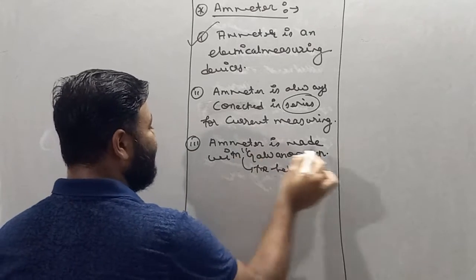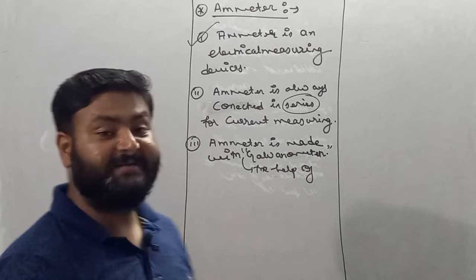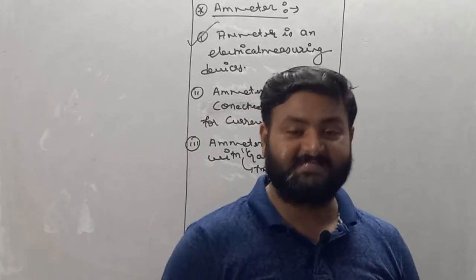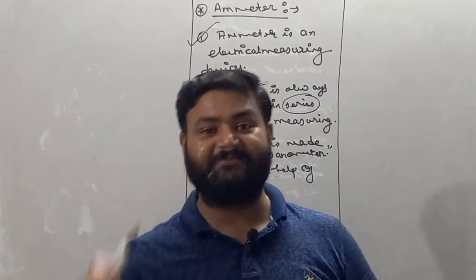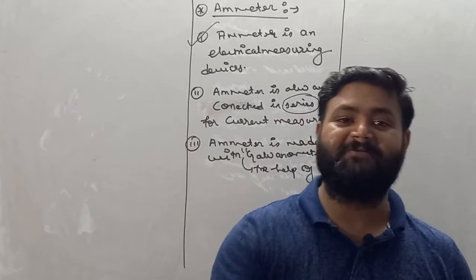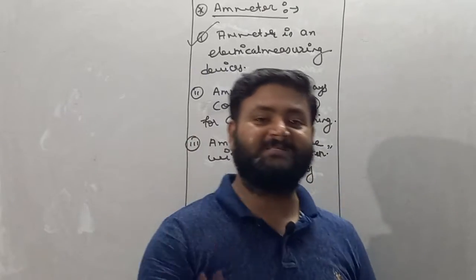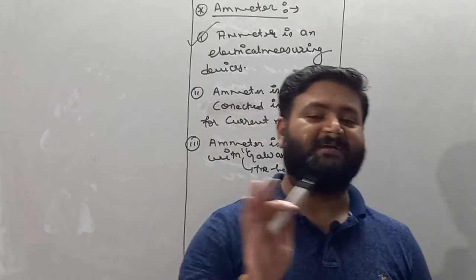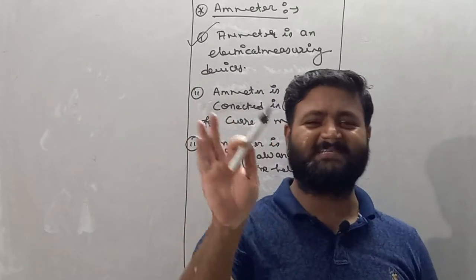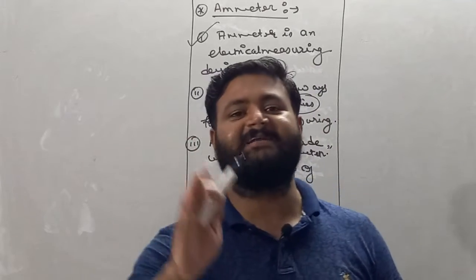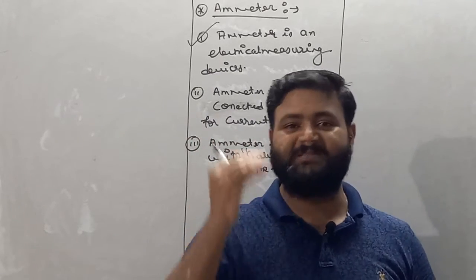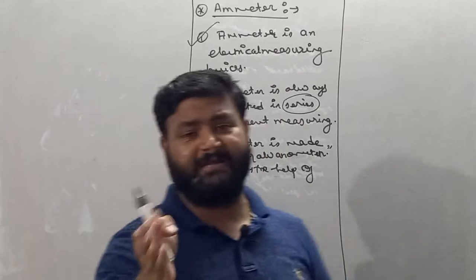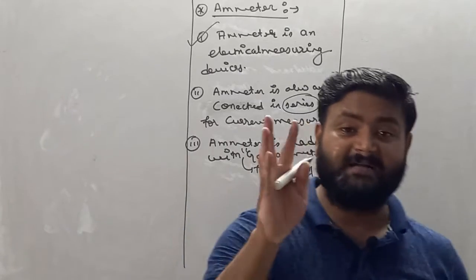My dear students, actually galvanometer is primary device because with the help of galvanometer we can make a new device called ammeter, which basically acts as current measuring device. Just try to understand each and everything, connect each and every part of the lecture with the next part, dear student, then only you will be capable to understand conceptually.